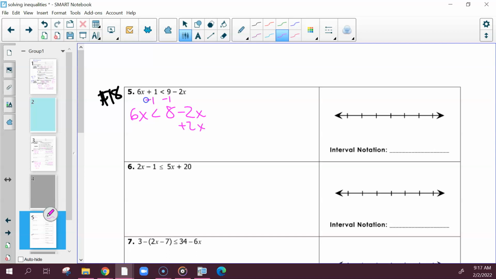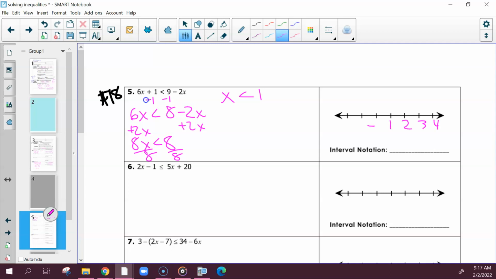So we have 8x is less than 8. And then divide. Here our sign would not change because we didn't divide by a negative. We have x is less than 1.